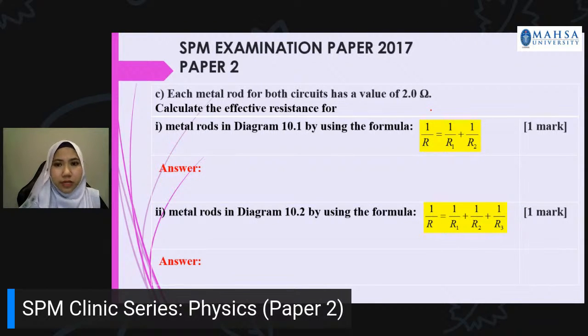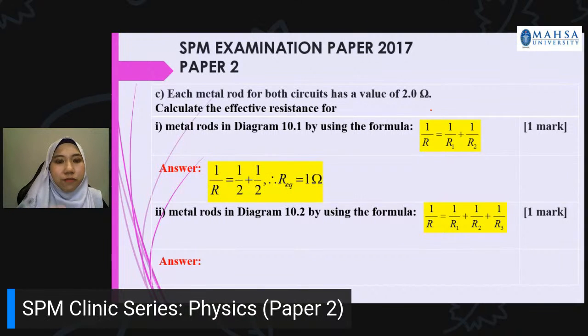So that's why I said previously, you need to identify first, you need to be clear first what is the type of the connection of the component in your circuit. It's very important for you, so it can help you to answer the question or to solve your problem.